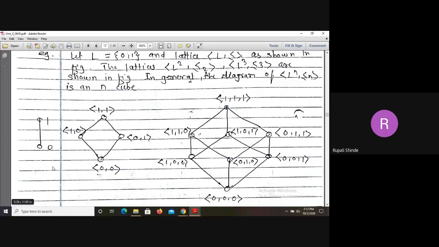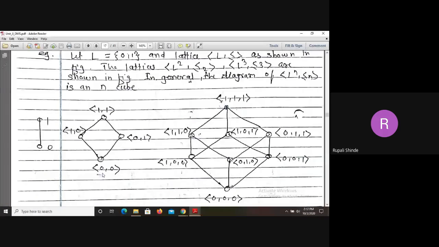Now see here, L मध्ये किती element आहेत? 2 element आहेत. तर L square मध्ये किती elements असणार आहेत? L into L, म्हणजे काय 2 into 2, because L consists of 2 elements. So 2 into 2, that is equals to 4, and those 4 elements are given here.